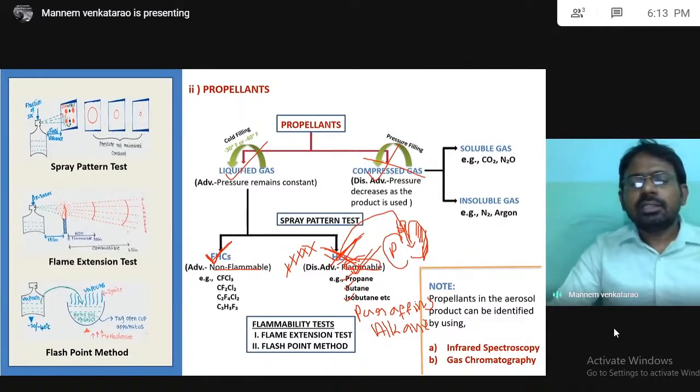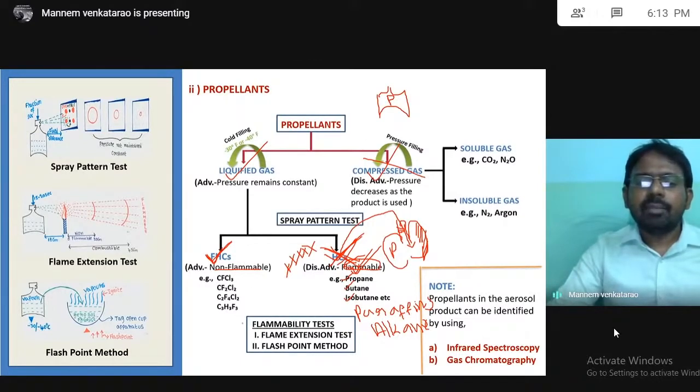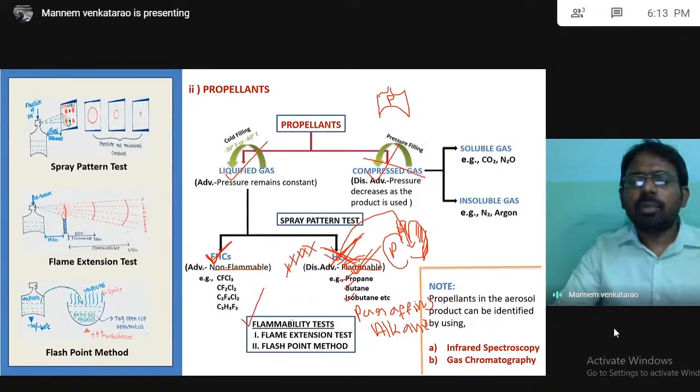Okay, next, sir, how could you know whether it is flammable or non-flammable? Suppose I randomly give you one aerosol product and ask, in this product there is a propellant, is it flammable or non-flammable? How could you know? That can be determined by the flammability test. Every stage you have to evaluate the properties. Here I want to evaluate flammability, whether the propellant is flammable or non-flammable, using the flammability test.